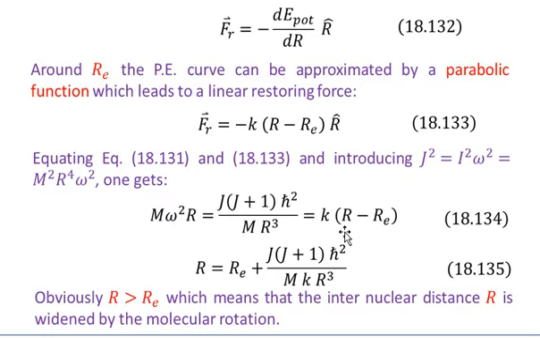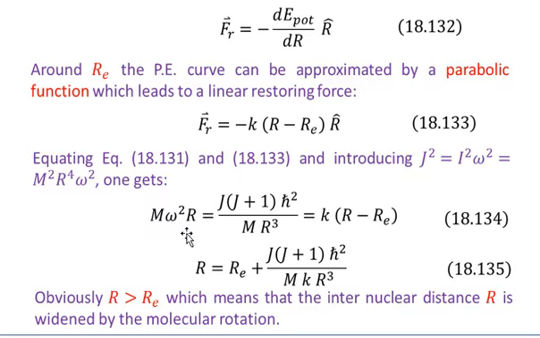So putting this value over here, on one side you have the centrifugal force, on the right hand side you have the restoring force, and in between them you have the value J into (J plus 1) multiplied by h bar square over m r cube, because you have introduced this value.